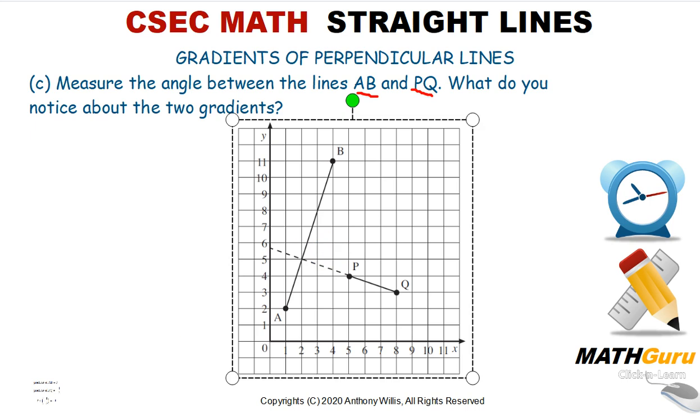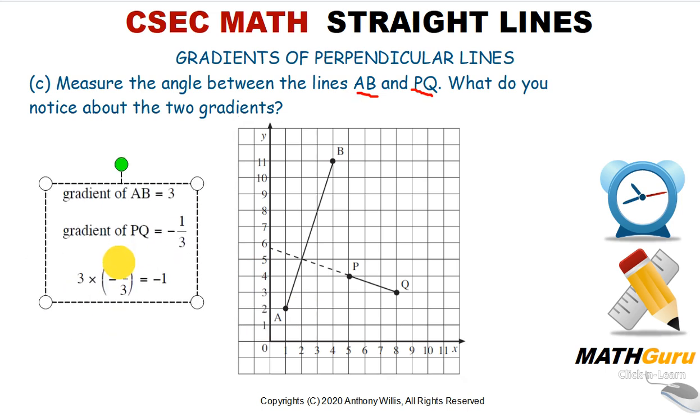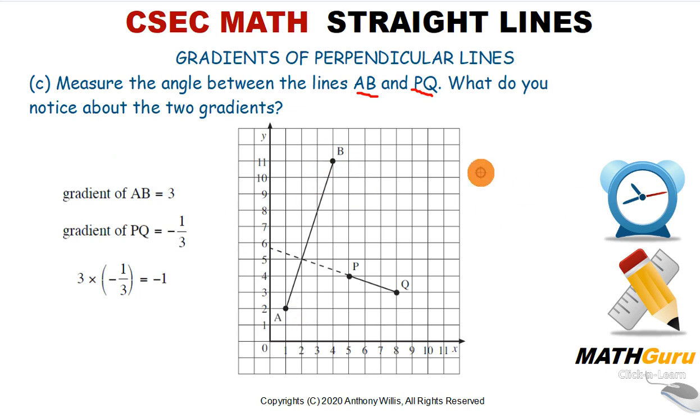Let me pause that. Okay, now let's continue. So the gradient of AB is 3. How do we get the gradient? You remember the gradient is this length over this length here.